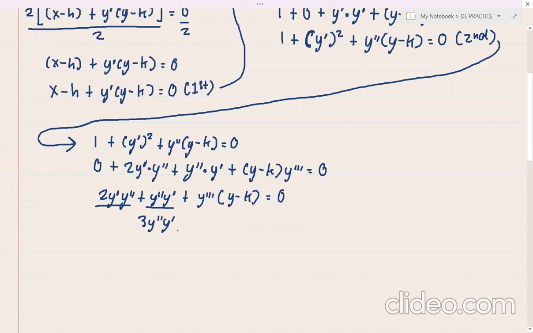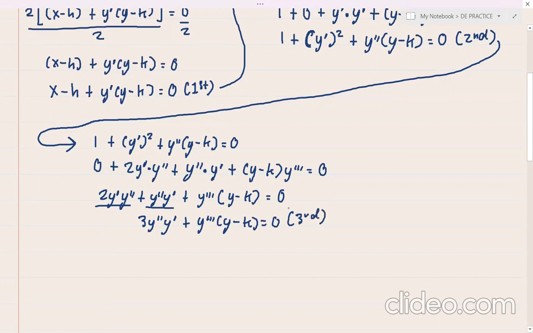Why are they similar? Because these two terms have y prime and y second prime, and the second term also has y second prime and y prime. So, you can add the coefficients of these two. Therefore, 2y prime times y second prime plus y second prime times y prime is equal to 3y second prime times y prime. Okay? So, let's copy the other terms. That's it. This is now your third derivative.